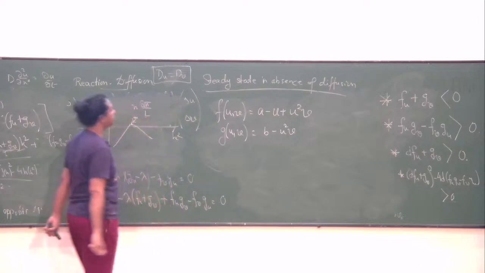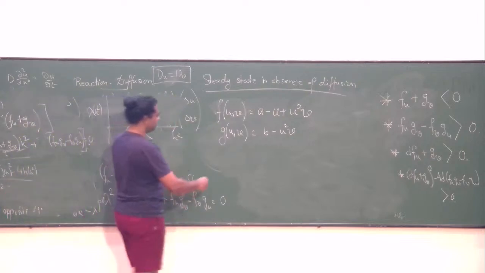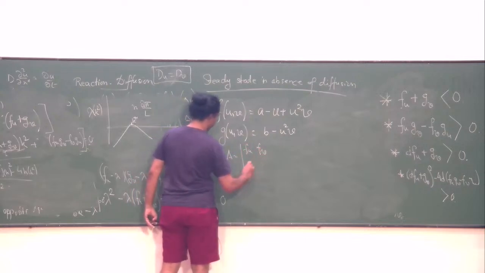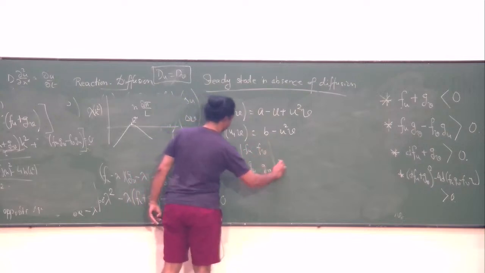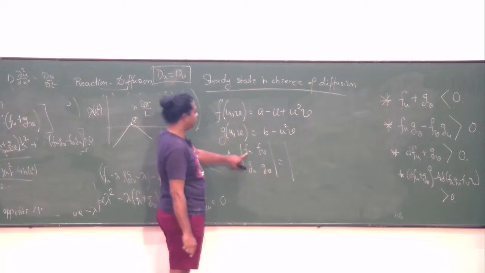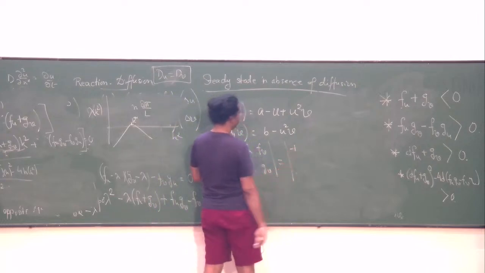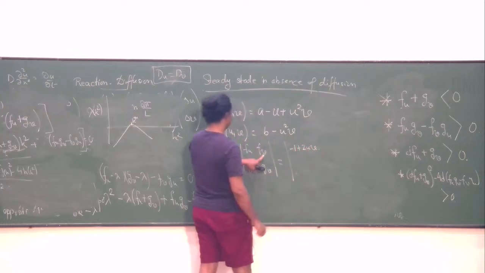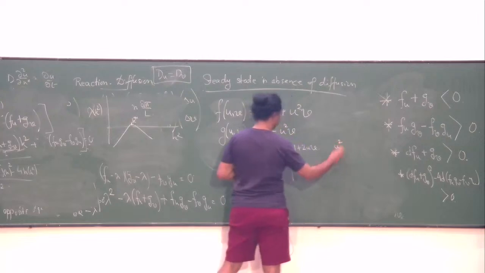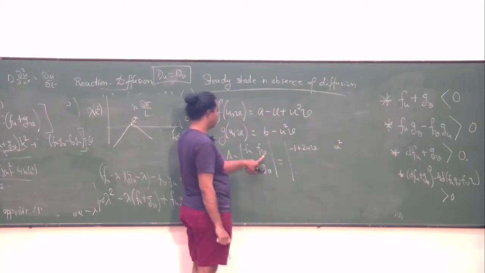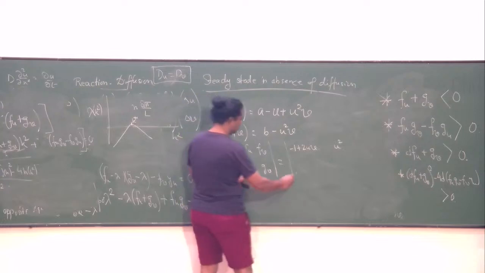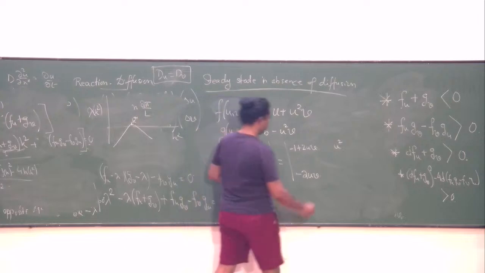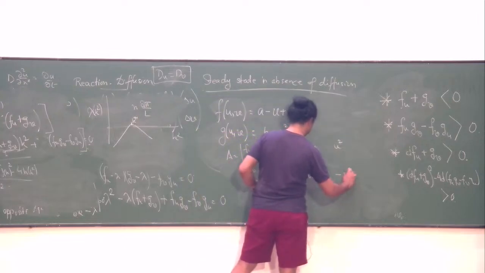Right. So therefore, I can write down my stability matrix. My stability matrix is Fu, Fv, Gu, Gv, which means for this particular case, del F del u is minus 1 plus 2uv, del F del v is u square, del G del u is minus 2uv, and del G del v is minus u square.